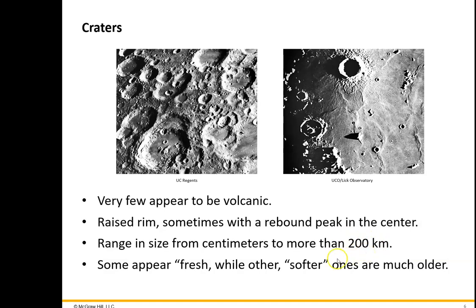I mean, we know they're there because we've seen lots and lots of pictures like these, but you can't see a crater, even the largest ones, which are a little bit greater than 200 kilometers in diameter. It's because of how far away the moon is and the angular size of these things.